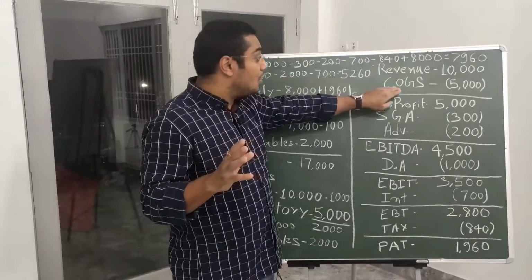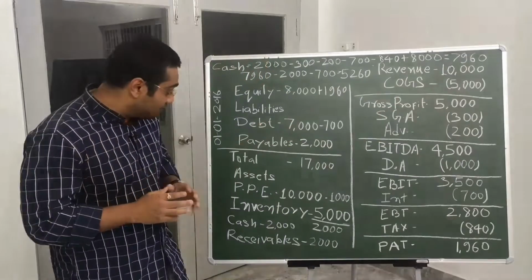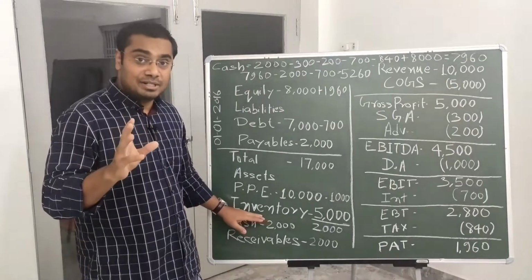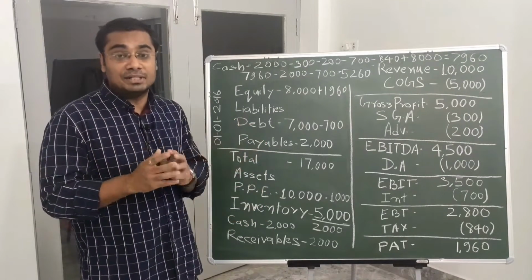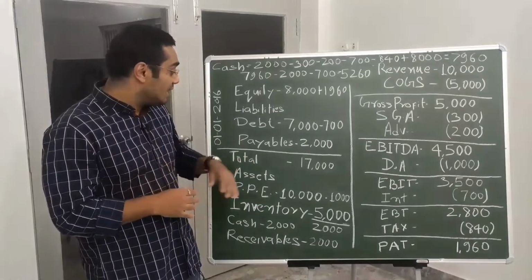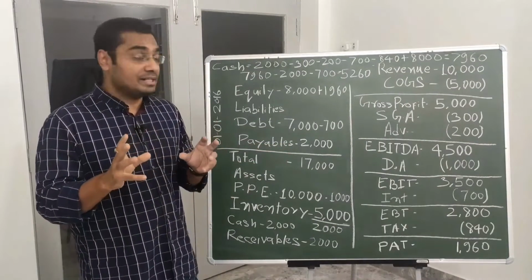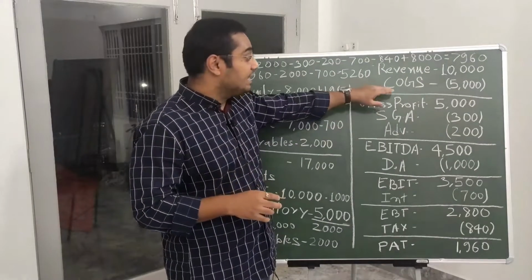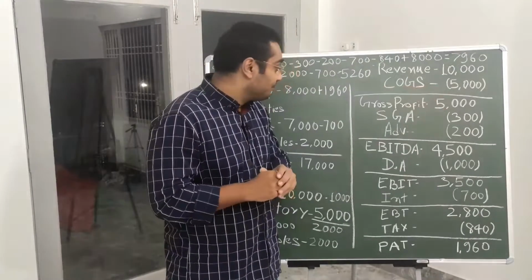Thereafter, for costs of goods sold, does the company pay anything? I don't think so. The company has already purchased its raw material. The company already had raw material at the beginning. That's why the company didn't pay anything. For this, the company has already paid 3,000 rupees in cash and 2,000 rupees in terms of payables in the very beginning. So the company hasn't paid any cash during the year for this cost of goods sold.